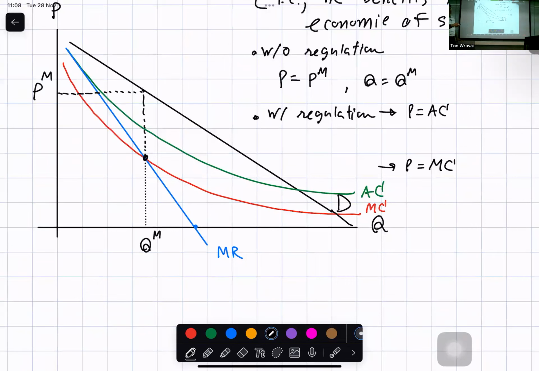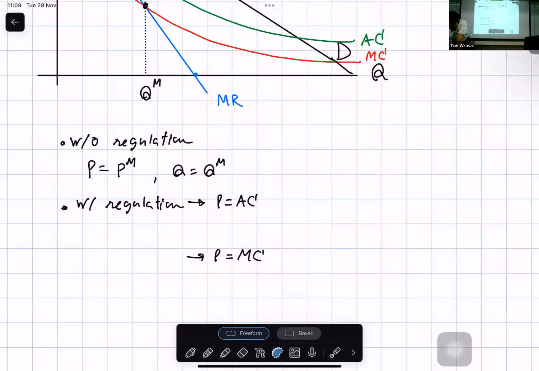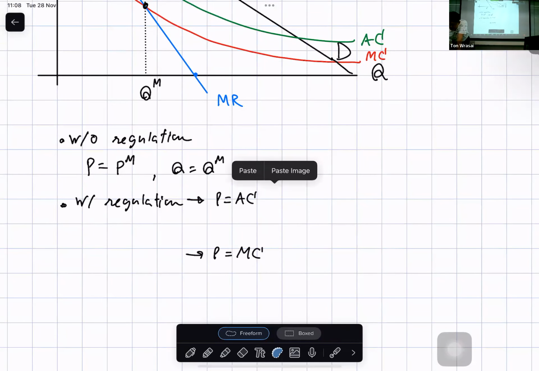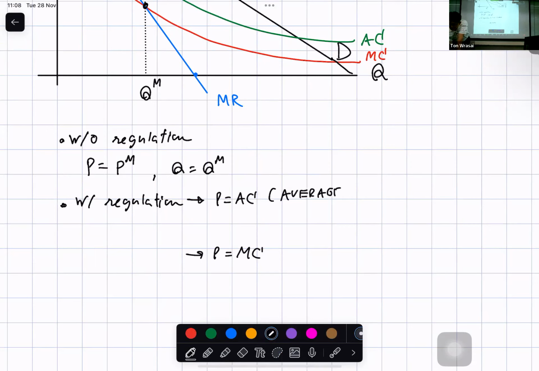We call this average cost pricing. Maybe I have to move this to somewhere here. Average cost pricing, the name for this scheme.